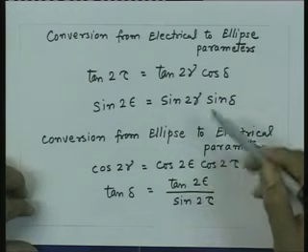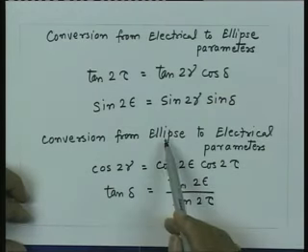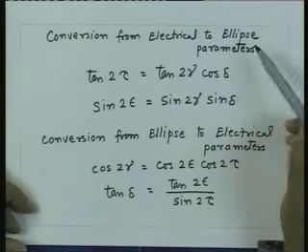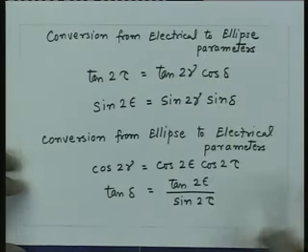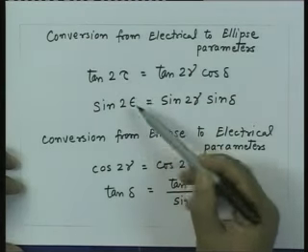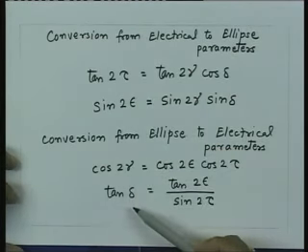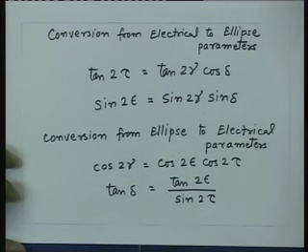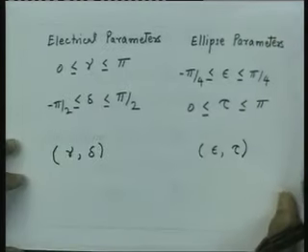Using these relations, I can convert either from the ellipse parameters to the electrical parameters or from the electrical parameters to the ellipse parameters. While choosing the values of tau, epsilon or gamma and delta, however, it should be kept in mind that the range of these quantities is given by this.